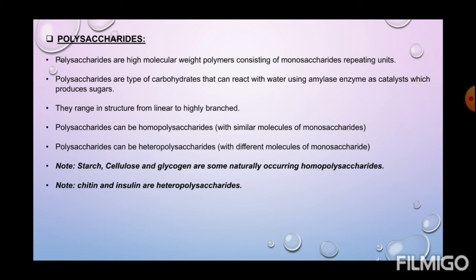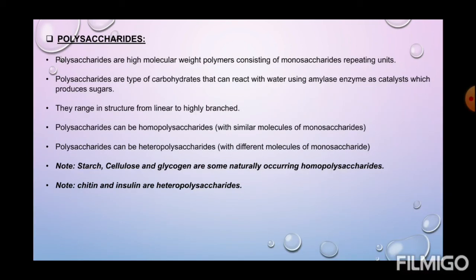Why complex? Because carbon 1 is engaged with carbon number 4, and in addition a sugar molecule is attached to carbon number 6. Because of this complexity, amylopectin is less soluble in water than amylose.